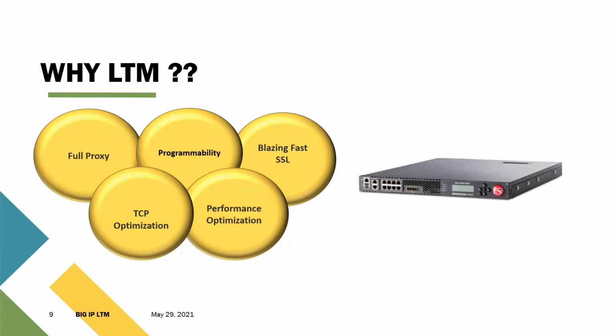I'm doing this because it will help you understand where you can deploy your BigIP LTM device. As I mentioned, it is more than a load balancer. There are other things. We will gradually combine the bits and pieces we are discussing as we move forward.